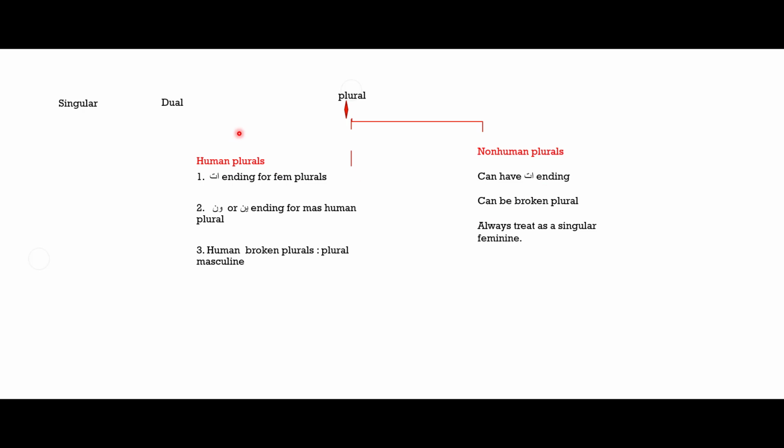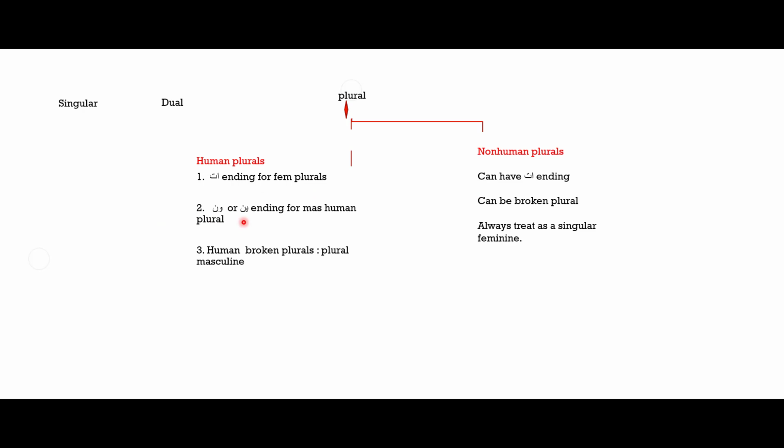When it comes to human plurals, human feminine isms will make plurals by taking the atun ending. Human masculine isms are going to make sound plurals with the wow noon and ya noon ending, and they can also make plurals by taking broken plurals. So the point I want to highlight here is that the atun ending can be taken by both human and non-human isms.